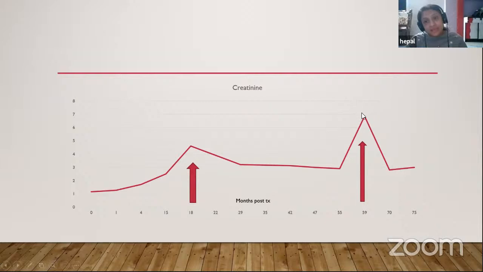And during this time, again, a biopsy was done, which didn't show major changes other than interstitial fibrosis. At this time, her low-dose tacrolimus was completely stopped, and she was kept on only dual immunosuppression, mycophenolate mofetil and prednisolone. The dose of mycophenolate mofetil was stepped up slightly, and over a period of the next 10 to 12 months she stabilized at a creatinine of 3, and at her last follow-up she is at a creatinine of 2.9 to 3 milligram per deciliter.